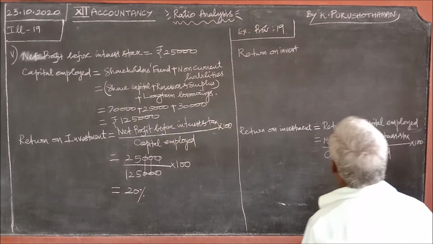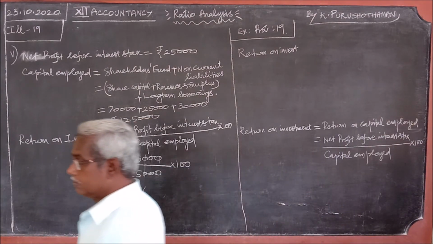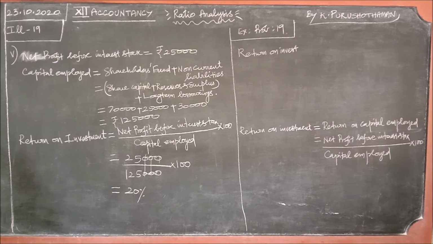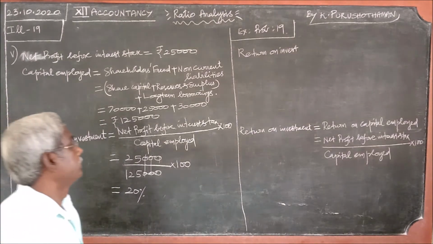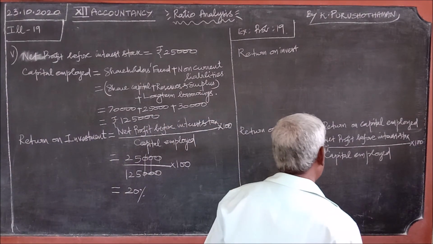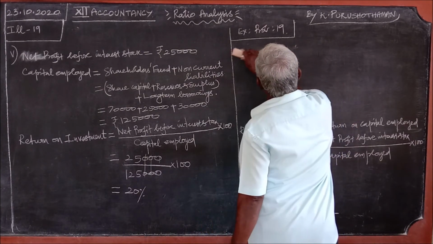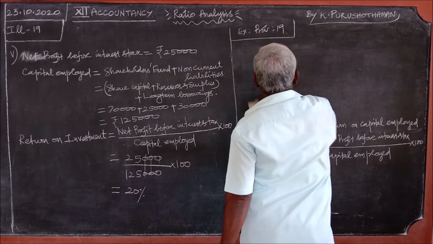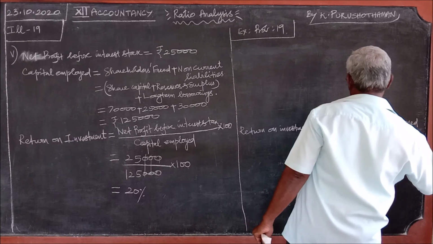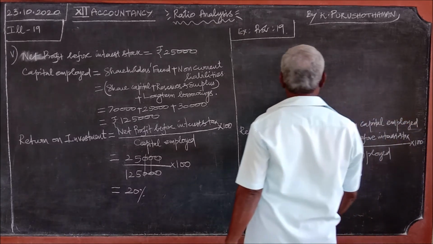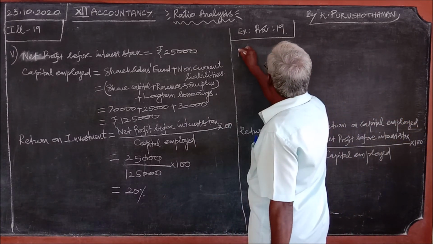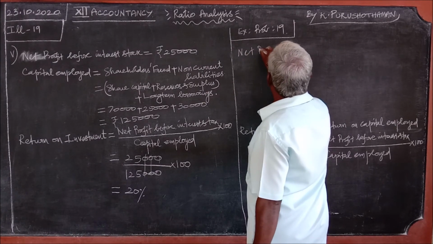So what we should do is keep ready the values of the numerator and the denominator, and then we can substitute and find the answer. The numerator is net profit before interest and tax.